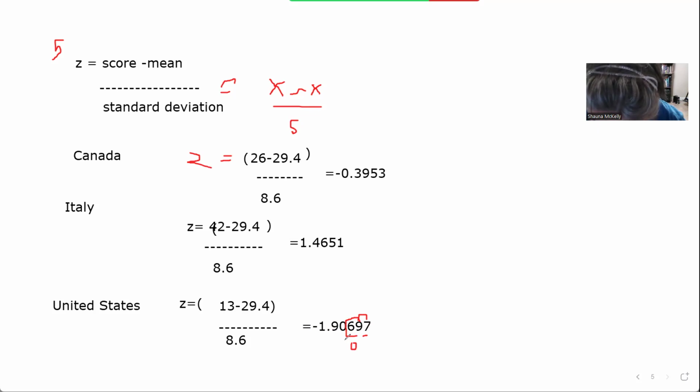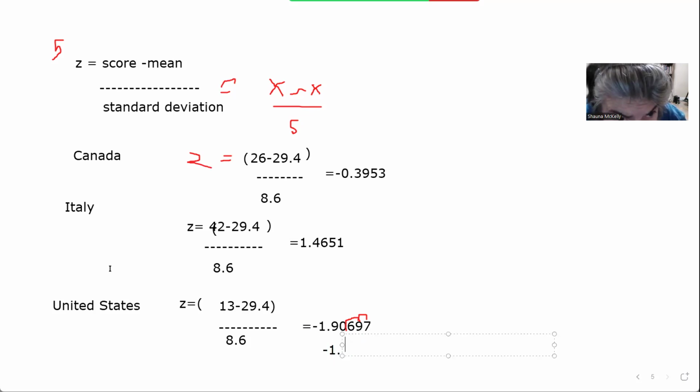So you're going to get 70 when that rounds. And then this is going to be negative 1.9070. So you're going to have negative 1.90 and then 70.